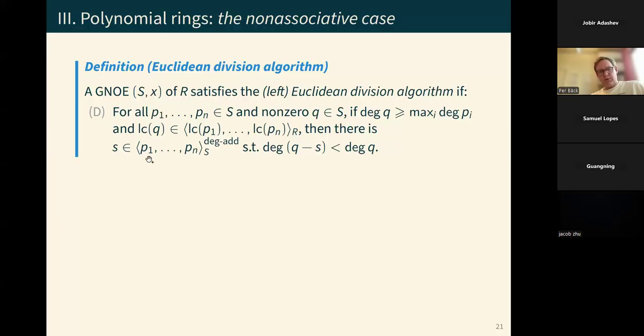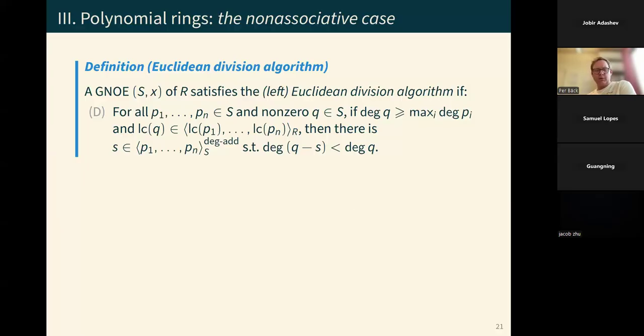Recall that in this non-associative setting, the ideal generated by this element is a really horrible thing. It consists of lots of parentheses and sums and parentheses again and sums. But if it lives in this degree-additive set, you can compute the degree in a nice way. So there is a representation where you can compute the degree in the ordinary way.